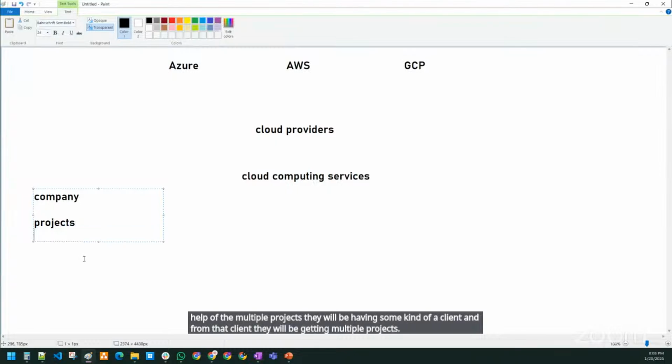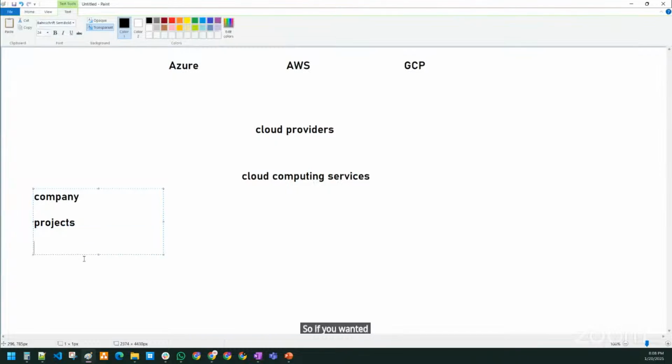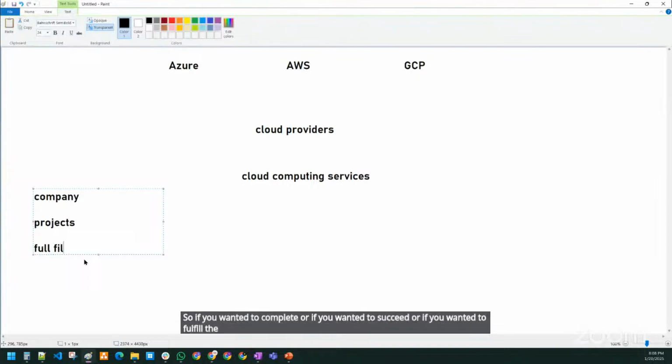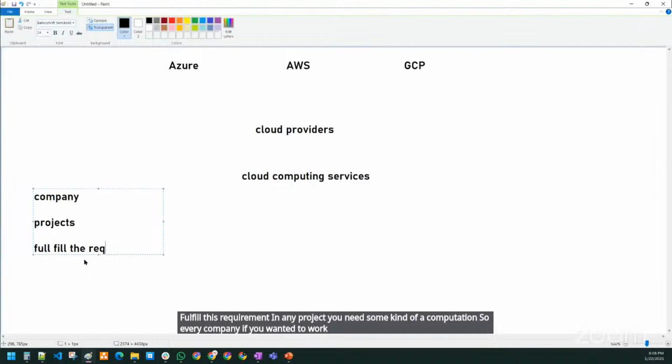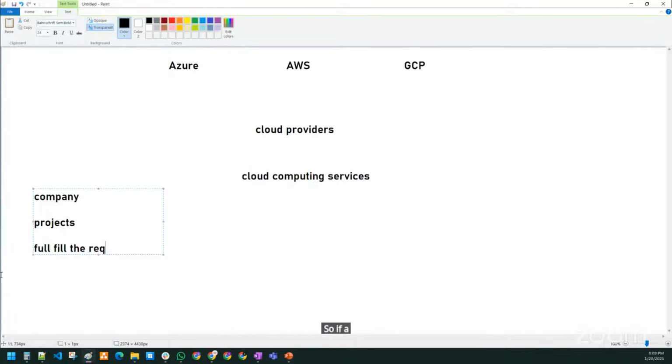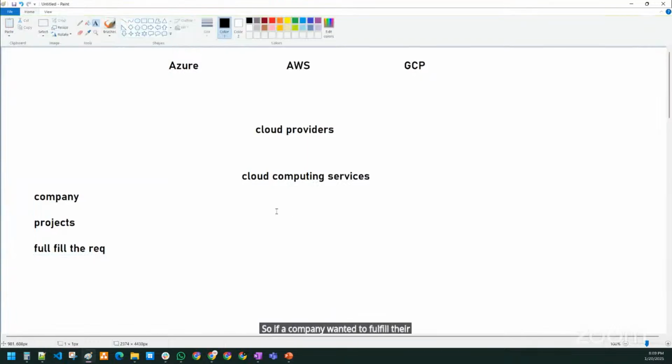So if you want to fulfill the project requirements in any project, you need some kind of computation, right? Every company needs to fulfill the project requirements, then only your project succeeds.